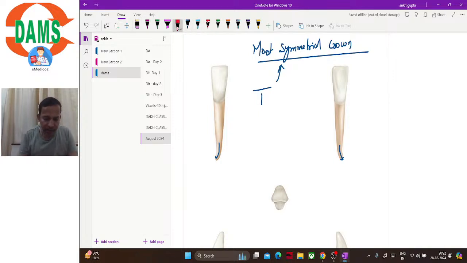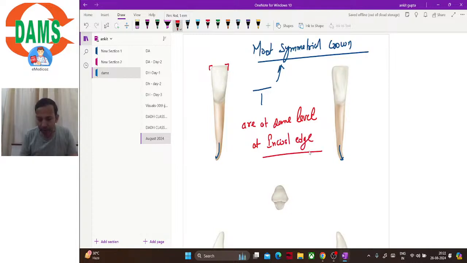And this is the only tooth which has its mesioincisal and distoincisal angles at the same level, right? The mesioincisal and distoincisal angles are at same level at the incisal edge, right?